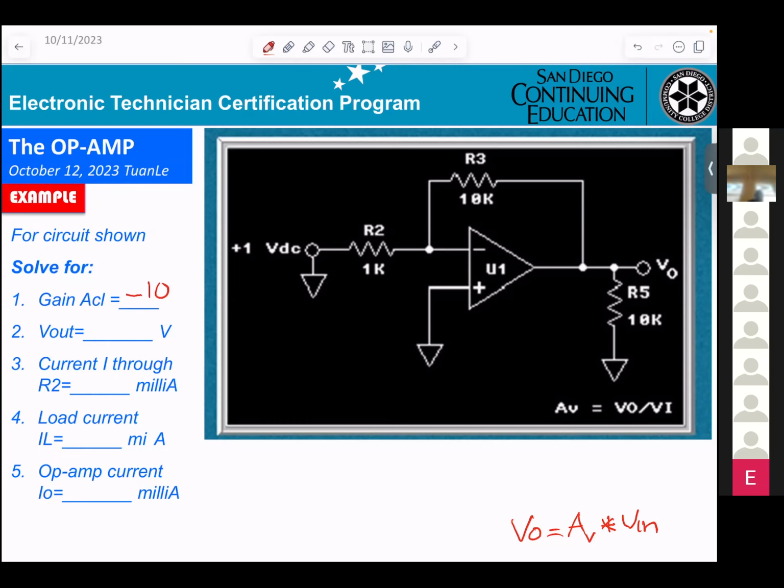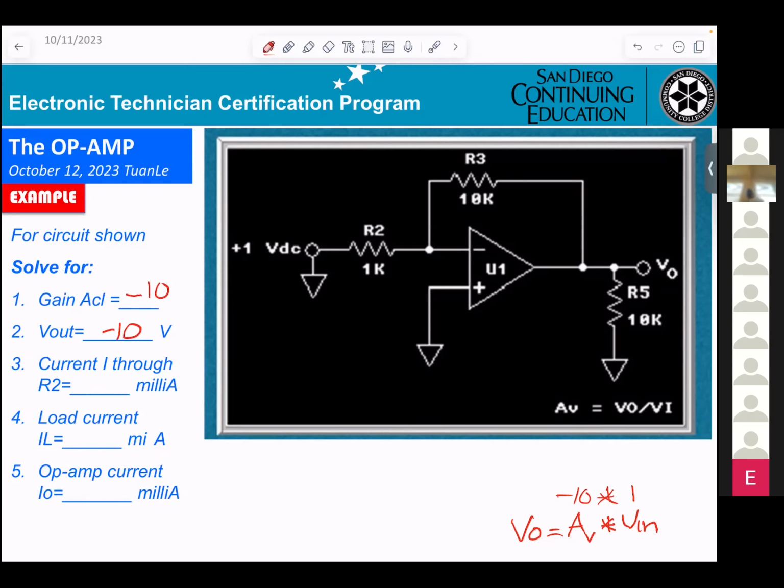I got -10, and then I thought it might be -1.0. You take the gain times the input, and the input is 1. What is the gain? -10. So what is VL? -10. Perfect.